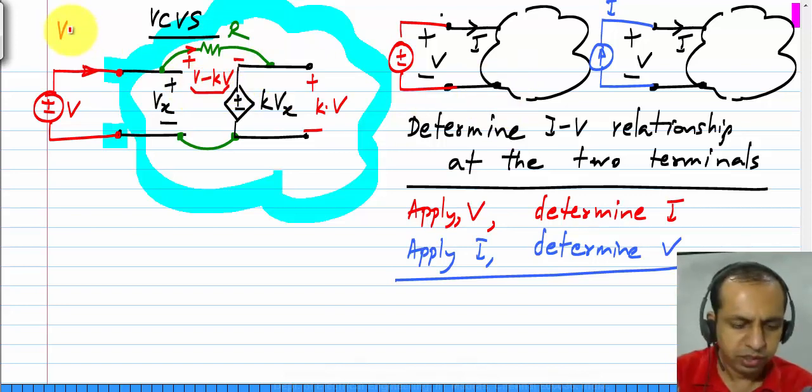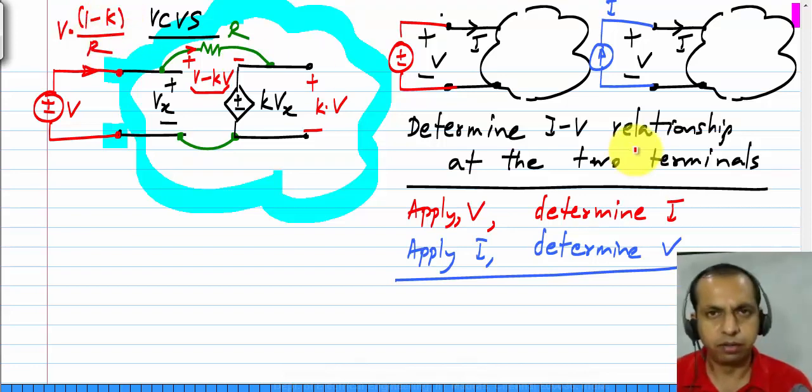So it is V times 1 minus K divided by R.